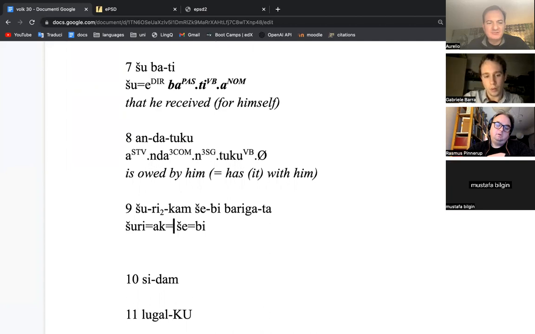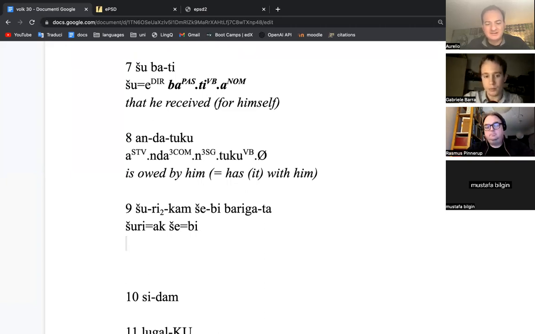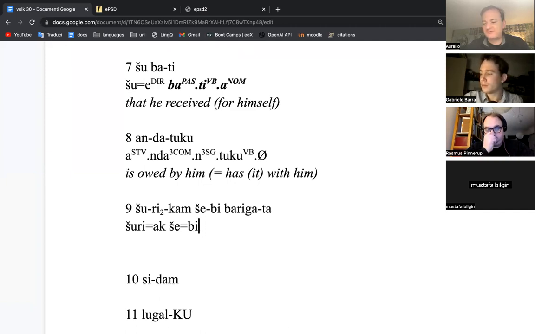Because shurikam I would translate as its half is, basically. But then why is it barley? Oh, is that because this is known as headless? You said headless genitive, right? I was distracted for a moment here. Yeah. So that's one genitive, basically.